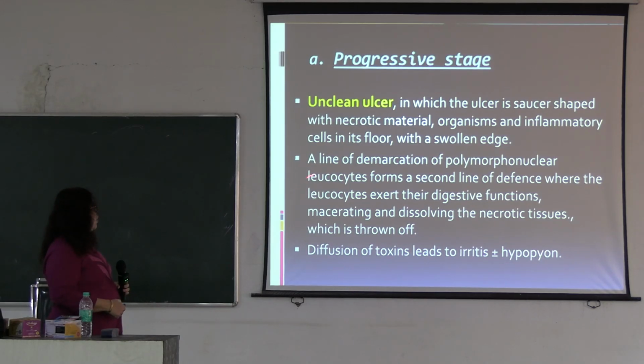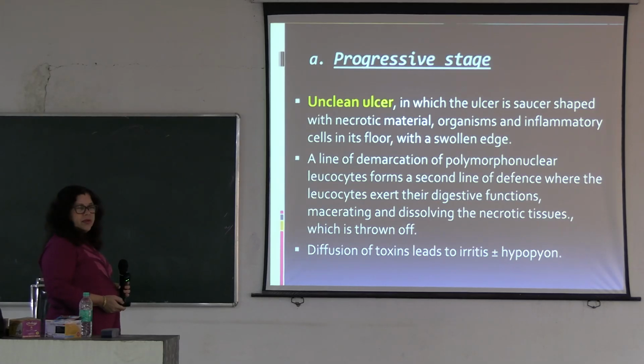Here the leukocyte infiltrations occur, and these are the second line of defense mechanism, which engulf the microorganisms with digestive function and macerating, and also in this stage they dissolve the necrotic tissues and they are thrown out as a discharge.